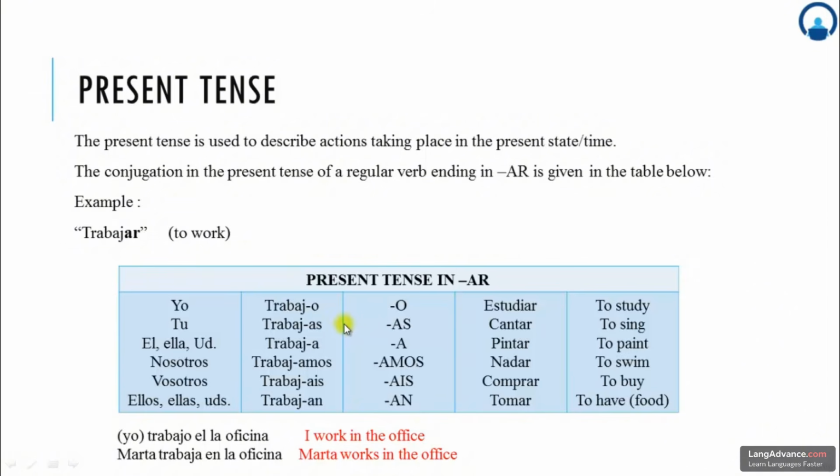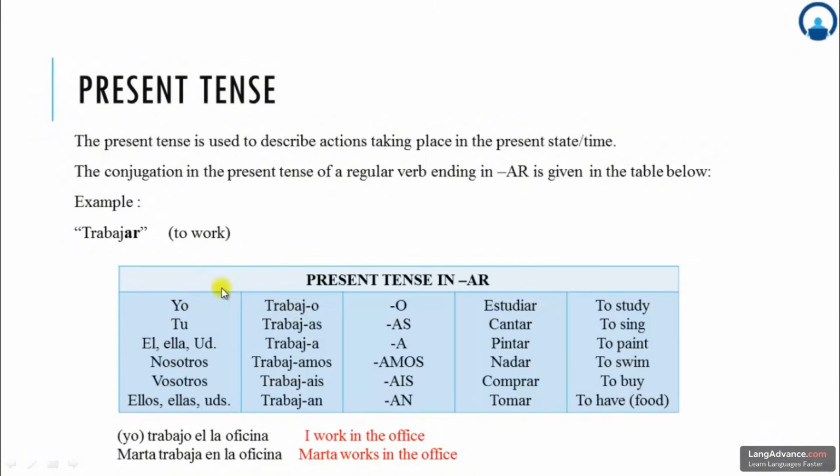We'll start with an example. I've taken up the word trabajar. Trabajar means to work. We'll remove that AR and put all these letters one by one. So I remove the AR and I put O, and that becomes trabajo. Trabajo goes with yo.